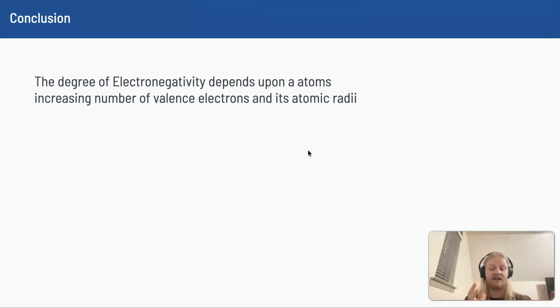It's a very high number of valence electrons, close to having its octet, but it's in the fourth period, so it's a little further away. Compare that to fluorine. Fluorine has 7 valence electrons and the tightest radius, so it is going to be the most electronegative atom that we have. All right.